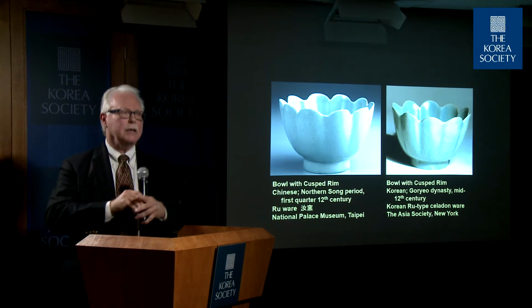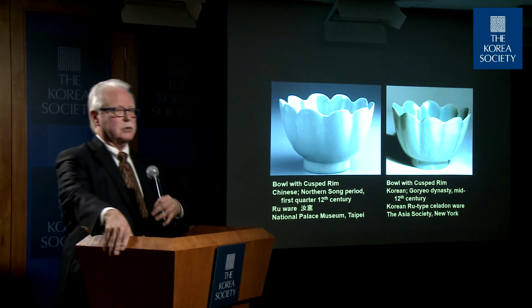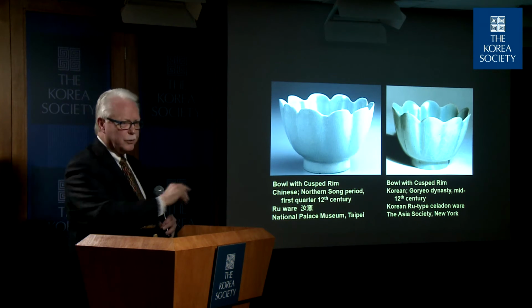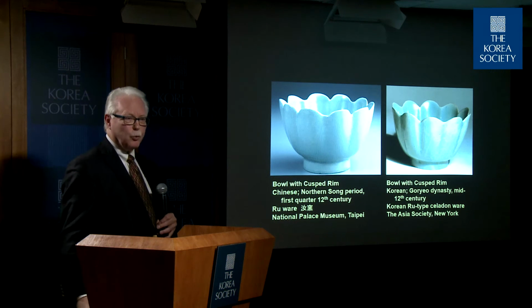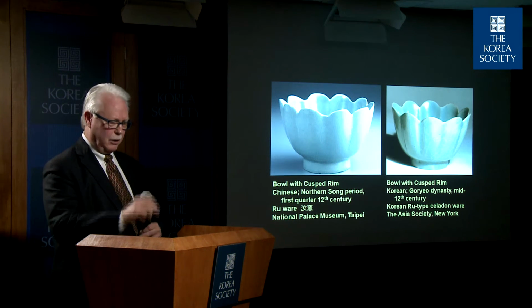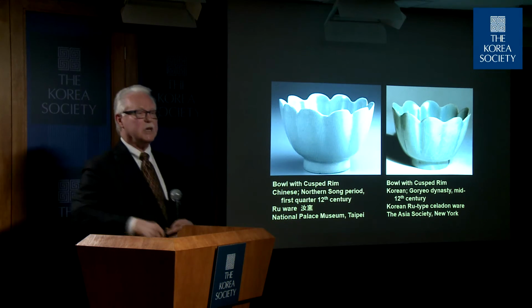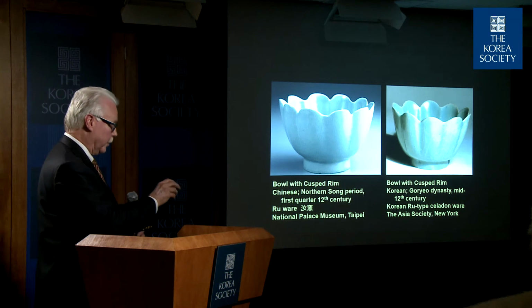bay. Finally, the demands from the Jin Tartars, they couldn't meet them anymore. And so they knew they were either going to collapse or they had to have military assistance. They were begging all their neighbors, all their friends, help us, help us, help us. You can imagine if the Emperor Huizong of China is begging for help, he's going to send silk, he's going to send gold, he's going to send ceramics that are for his exclusive use to get assistance from Korea.